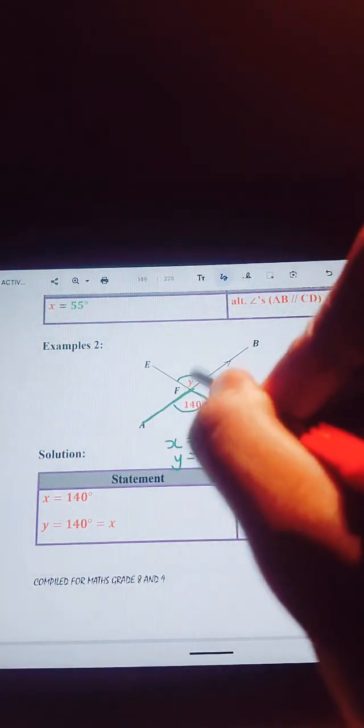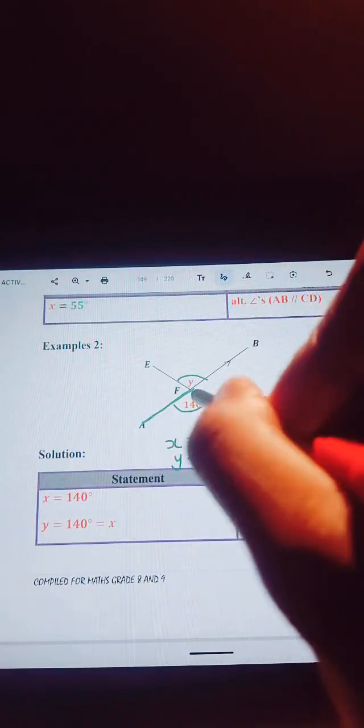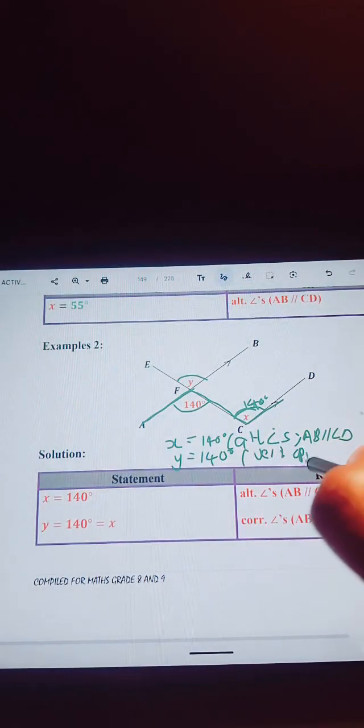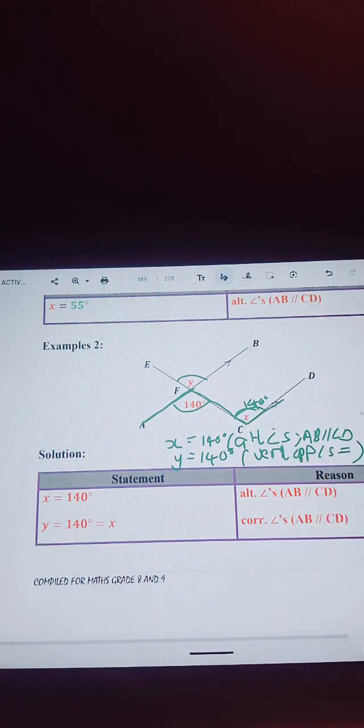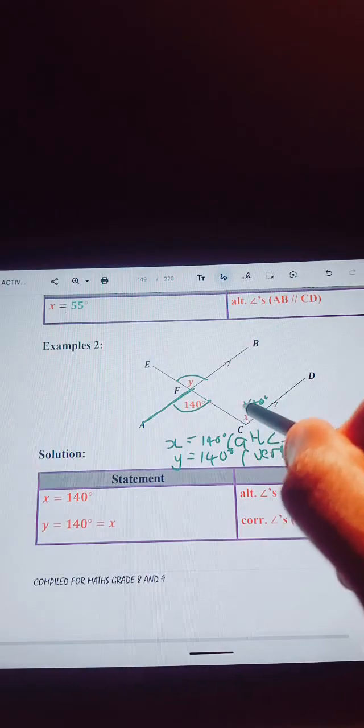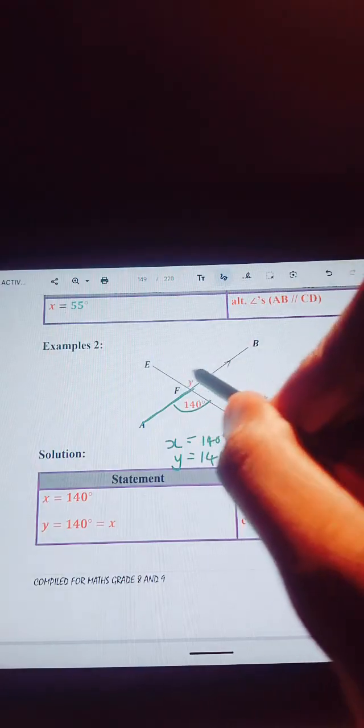We could either go the vertically opposite angles route, just leave it at that. Vert op angles equal. Remember, vertically opposite angles don't need parallel lines. So we could say y is equal to 40 in that way. Or we could say y is equal to 140, looking at this angle top, that angle top.